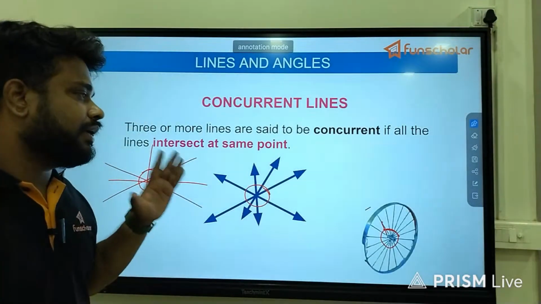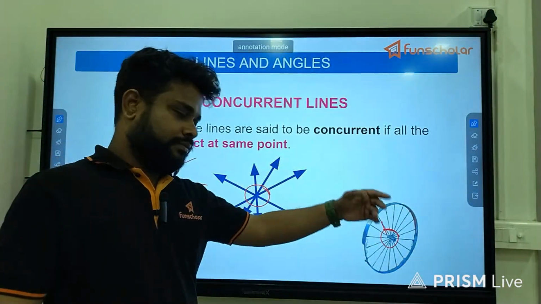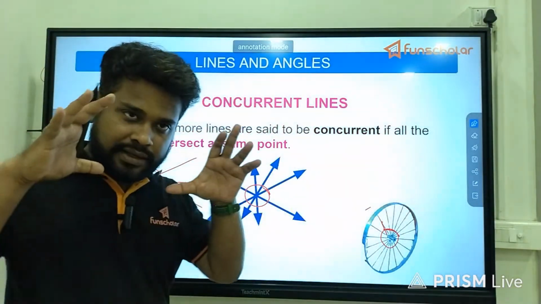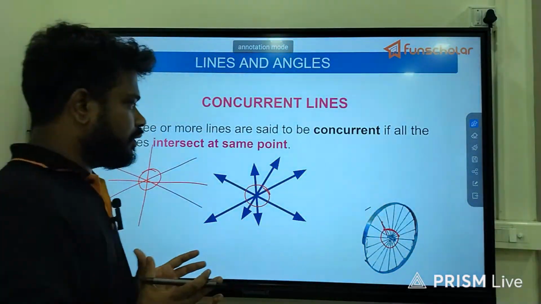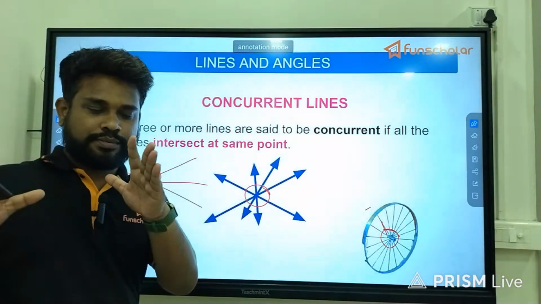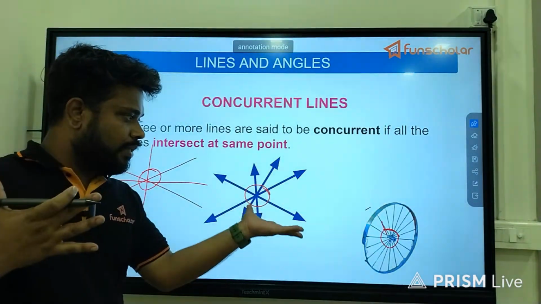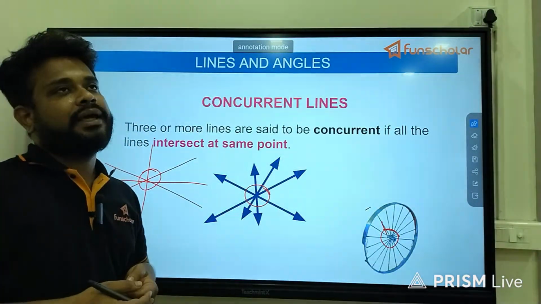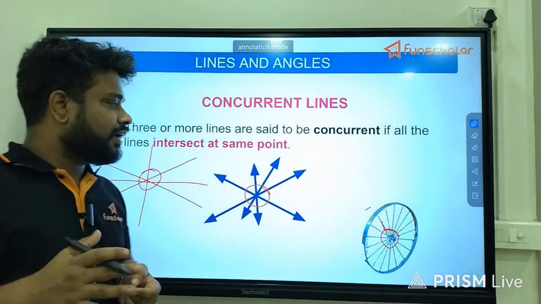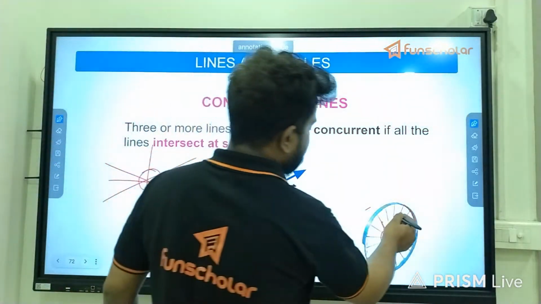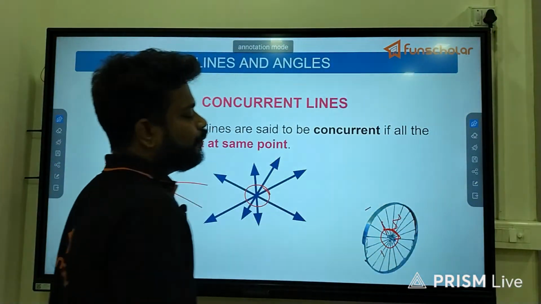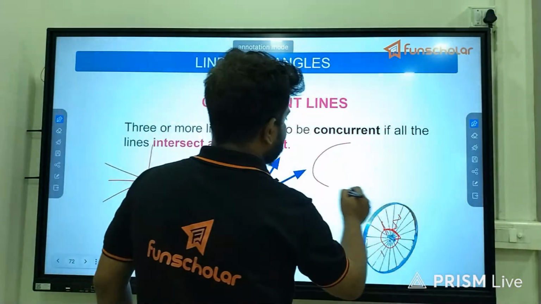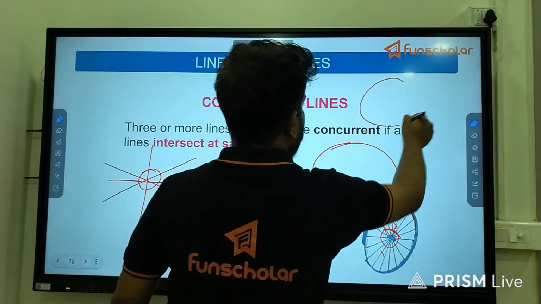Okay, and why do we use spokes in a cycle's tire? To keep it intact. Many of you might ride a cycle, and whenever one or two spokes get broken, we have to fix them, because that is what keeps the shape of the round tire.